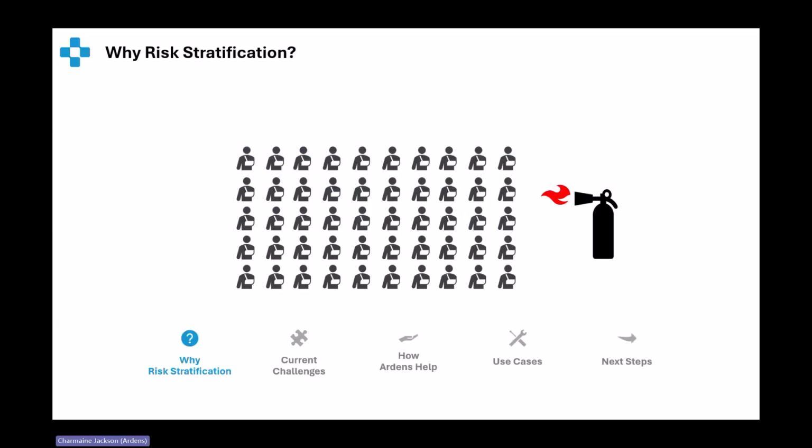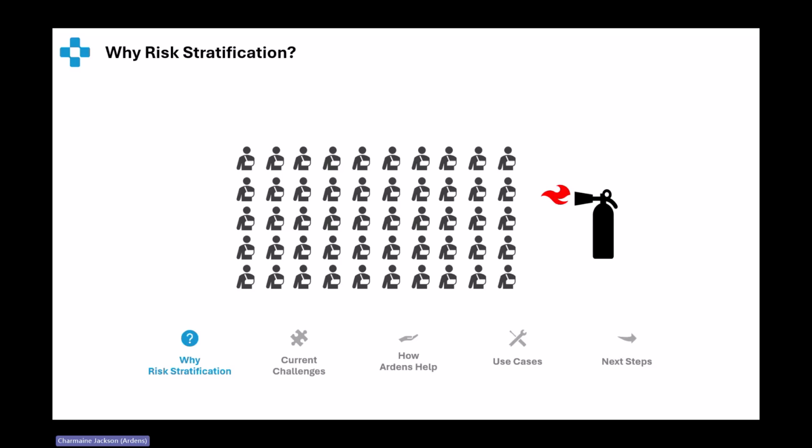Now, risk stratification and the why for risk stratification. I'm sure that you are fully aware now that risk stratification is a process of grouping patients together depending on how healthy or unhealthy they are. It focuses on areas such as disease progression, the likelihood of hospital admissions, or attendance at an emergency care setting.